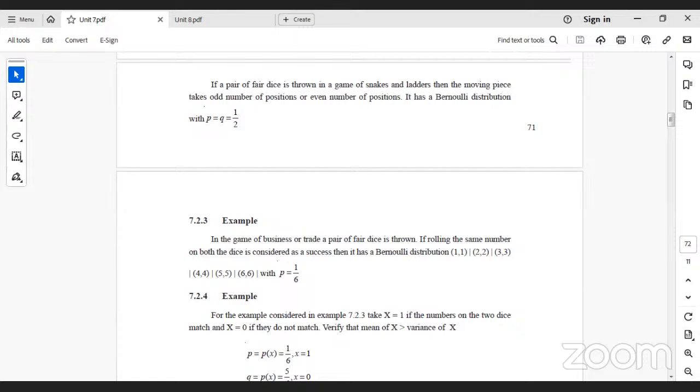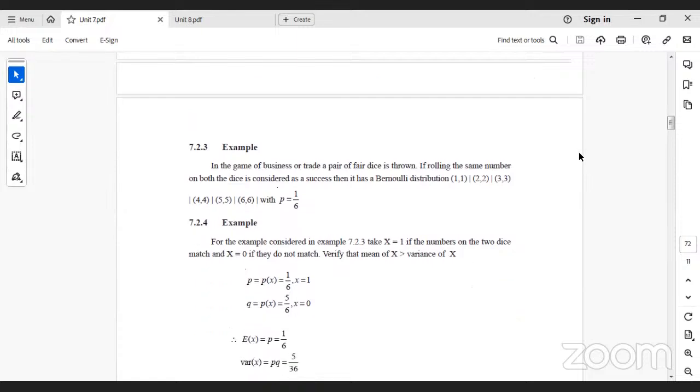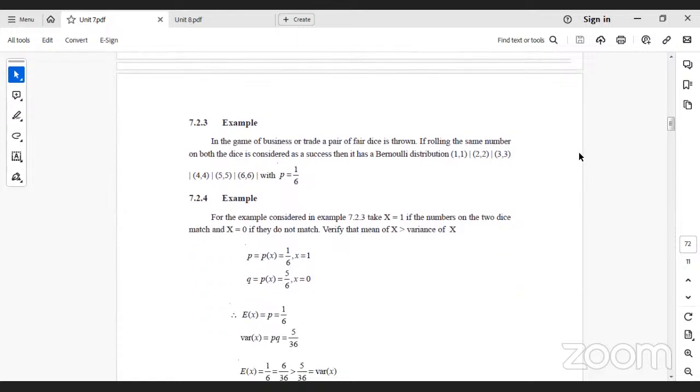Let us see another example. In the example shown above, X is equal to 1 if the two dice match and X is equal to 0 if they do not match. We want the expectation and variance of X. In the above problem, P is 1 by 6 for X is equal to 1, so therefore Q is equal to 5 by 6.